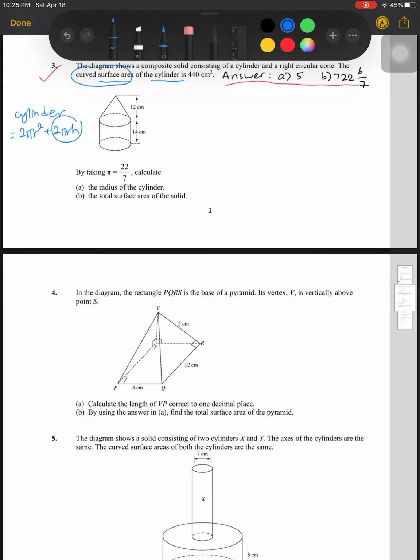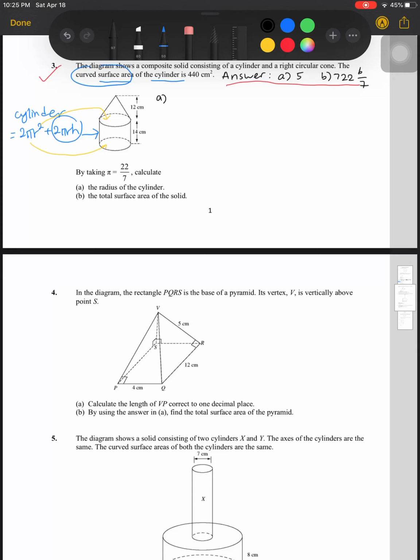The 2 pi r h is for the curved surface area. 2 pi r squared is one for the top circle and another one for the base of the circle. In this case, we only see that the curved surface area of the cylinder is 440.